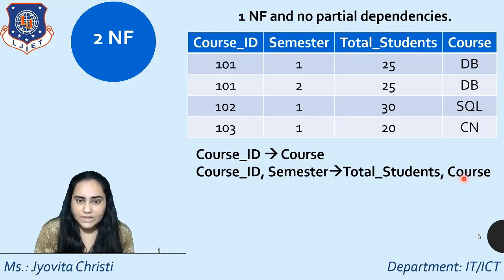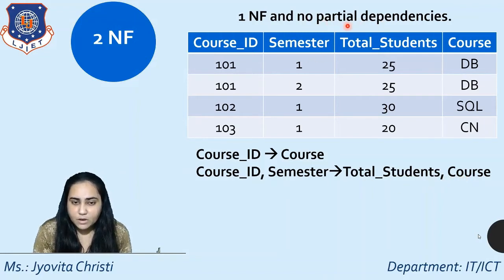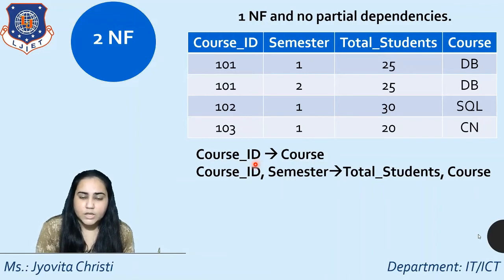So this is now a partial dependency, where you see that course depends on course ID as well as semester both together, but at the same time course can be determined by itself just by looking at the course ID. So in this case, we would have to do something called a decomposition.